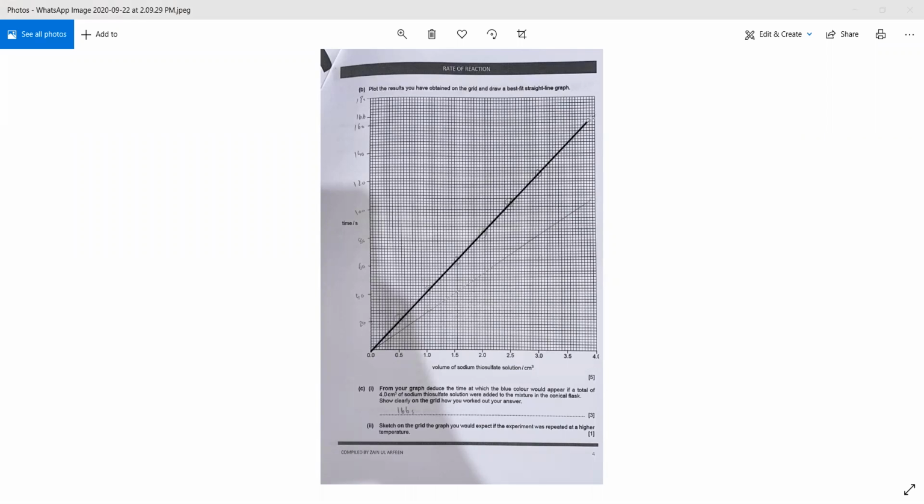So you draw the best fit straight line, and you have to show clearly on the grid. When the volume of thiosulfate used is 4, what will be the time? You can identify the time. So this was C1, and C2, and D also, any doubt?